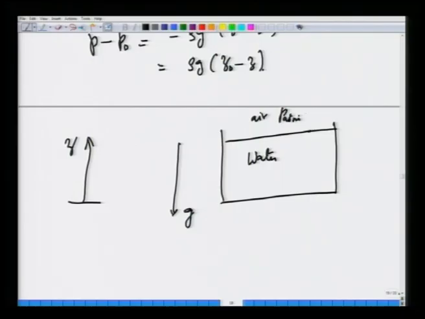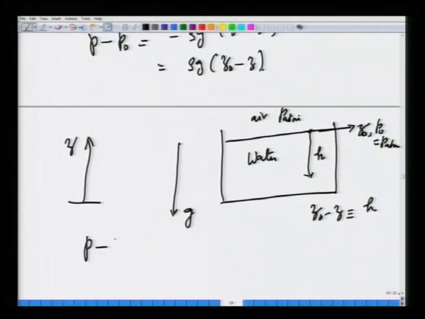Suppose you take z equals z naught as the interface where the pressure is atmospheric. So, p naught is p atmosphere, and let us take z naught minus z as h. So, h is the depth from the free surface where the pressure is atmospheric.